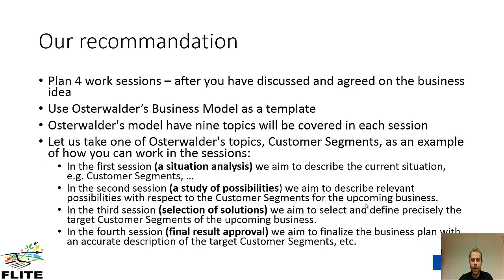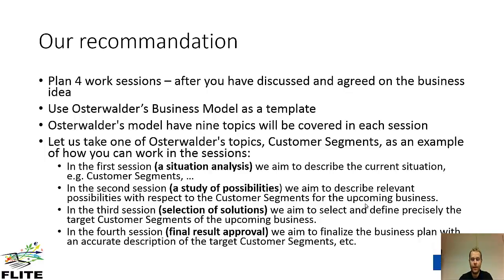We aim to describe relevant possibilities with respect to, for instance, customer segments for the upcoming business. In the third session, which is called selection of solution, we aim to select and define precisely the target customer segments for the upcoming business. And in the fourth session, which is called final result approval, we aim to finalize the business plan with an accurate description of the target segments.